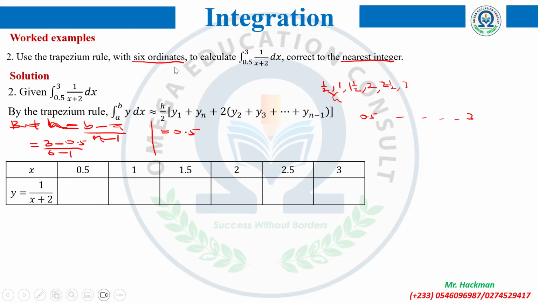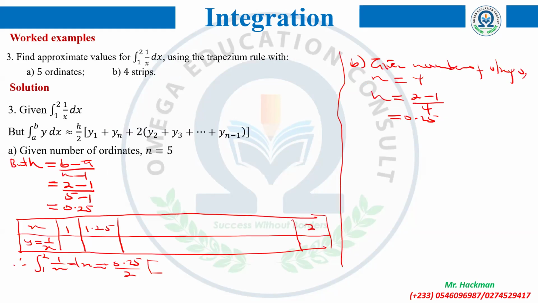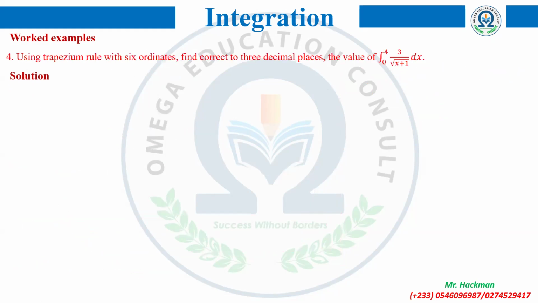If you want to quote it using the strips, what do you think the number of strips should be? Remember, your number of ordinates will always be 1 more than the number of strips. You know the relationship, so that's it. You are good to go. So this will be 8-4.